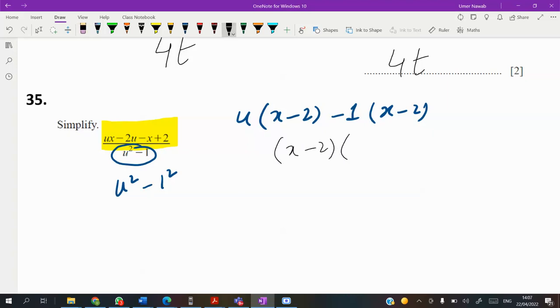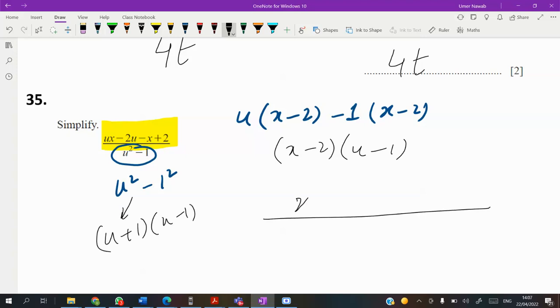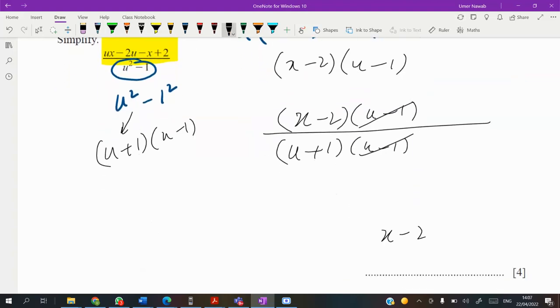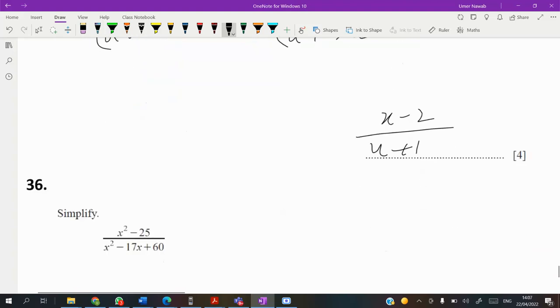This one was after factorization, and this is u plus 1 and u minus 1. So I'm going to write the answer here: x minus 2, u minus 1, u plus 1, and u minus 1 cancelled. So we get the final answer as x minus 2 over u plus 1.